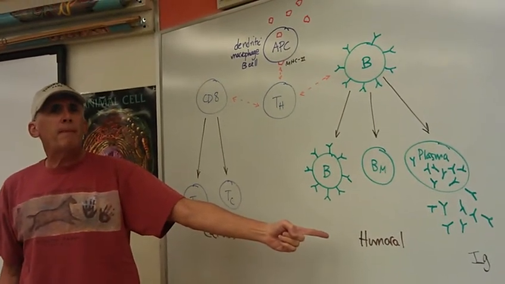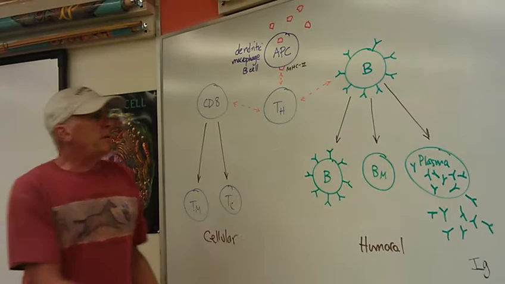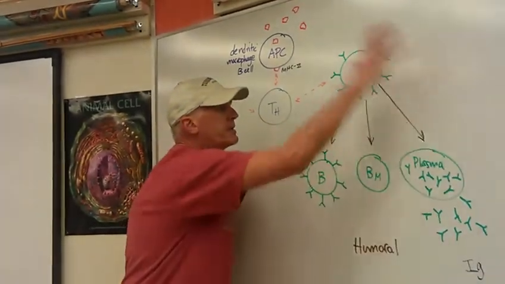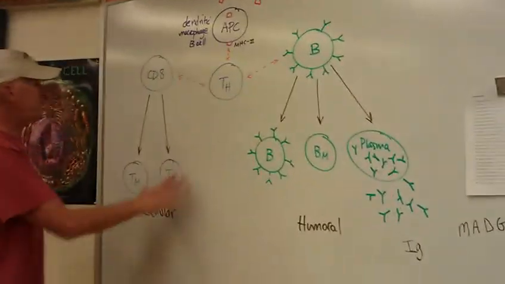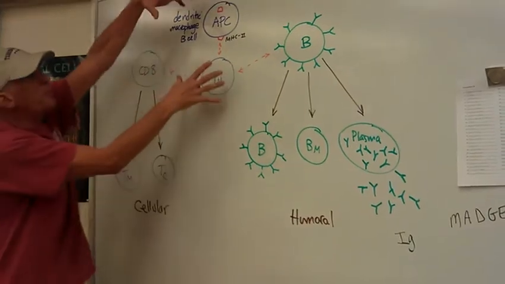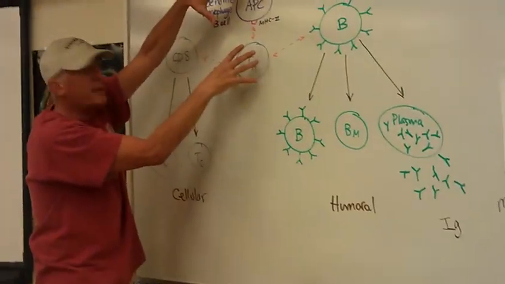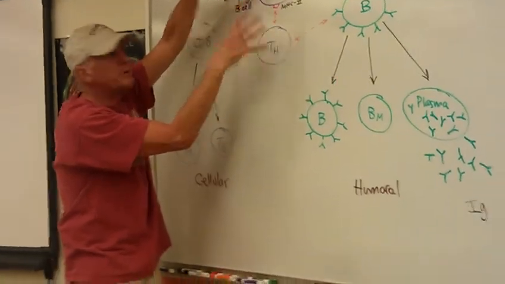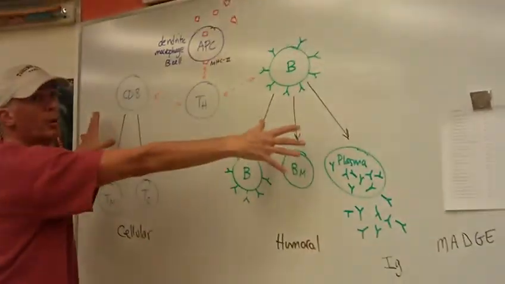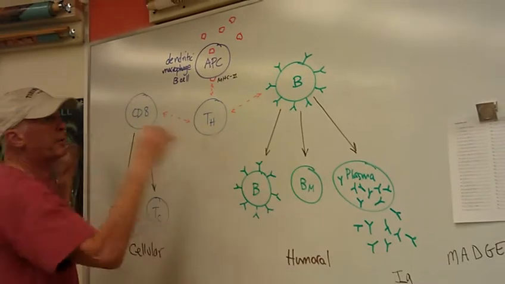Where does it divide? We're just going to call this side humoral and this side cellular, and the problem is that T cells and B cells are part of both. That's why I won't take B cell or T cell as an answer. They stimulate both sides.